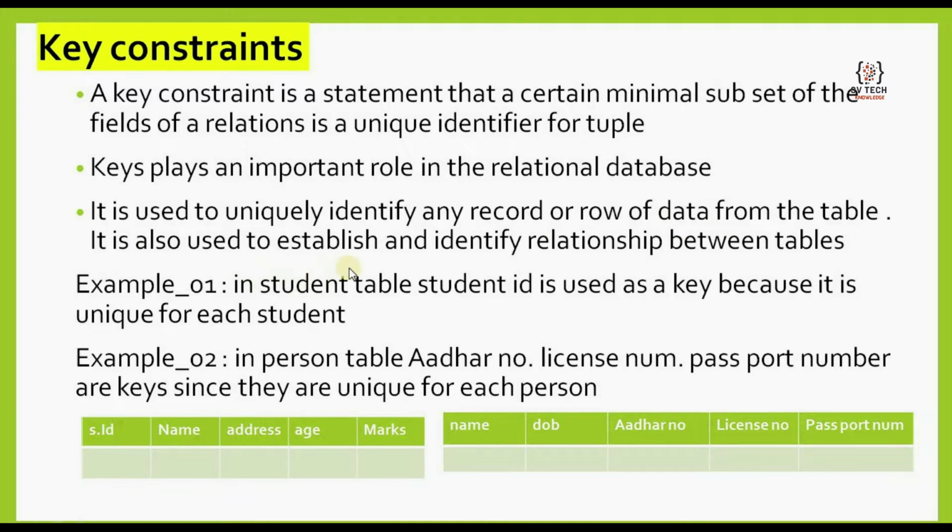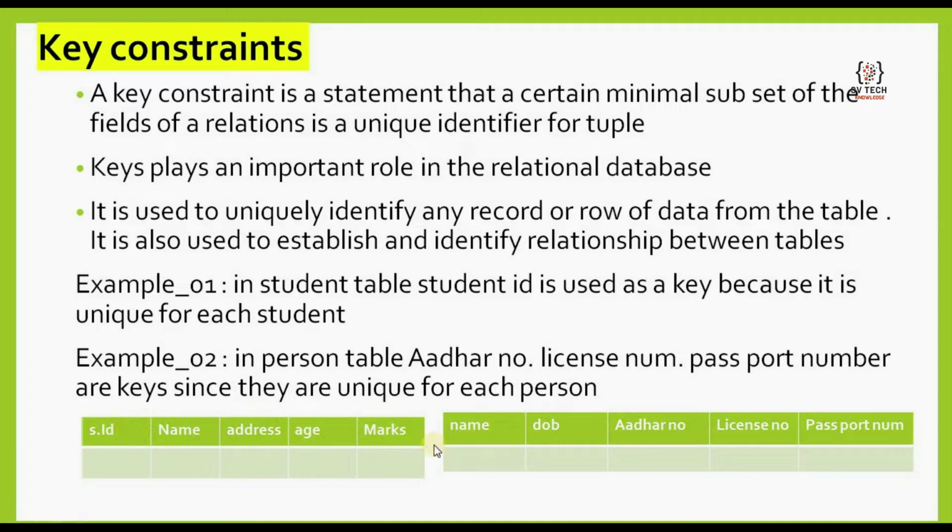They are also used to establish and identify relationships between tables. For example, in a student table, student ID is used as a key because it is unique for each student in the table. In another example, in a person table, Aadhaar number, license number and passport number are keys since they are unique for each person.